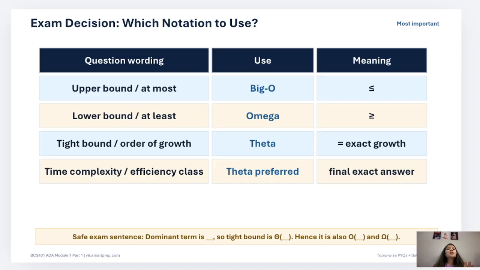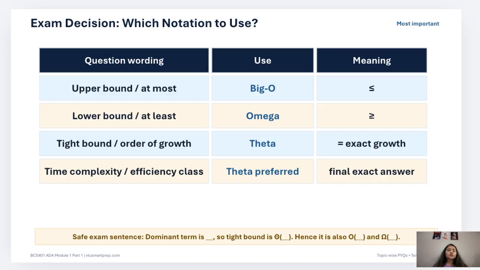Theta means the exact growth. And if the question says time complexity or efficiency class, use theta as the preferred final answer. You can take a screenshot or just note this down somewhere, to know which notation to use in your exam when these keywords appear. Many students get confused about when to use big O, big omega and theta. This slide is going to help you understand in which situation you have to use which notation. Clear?